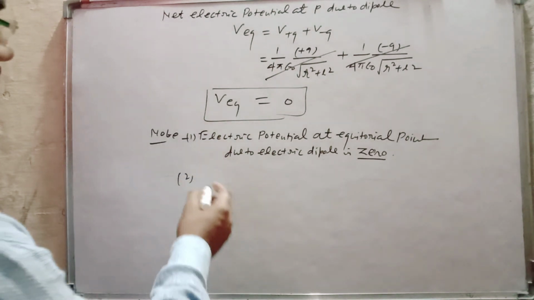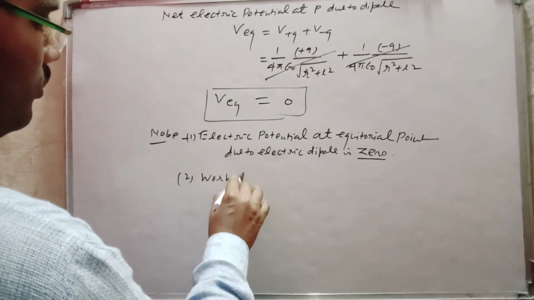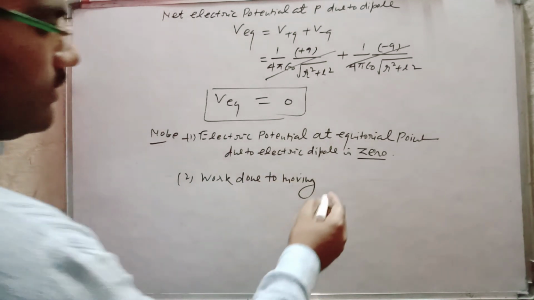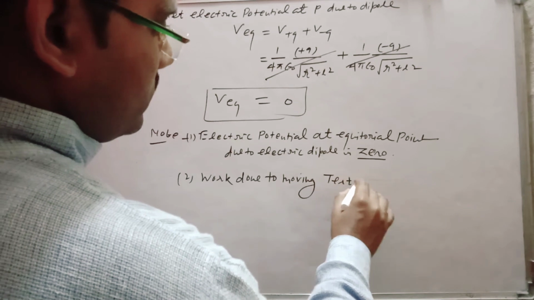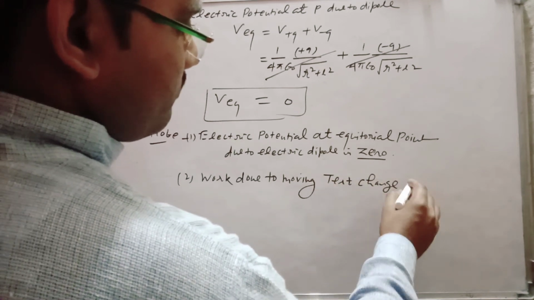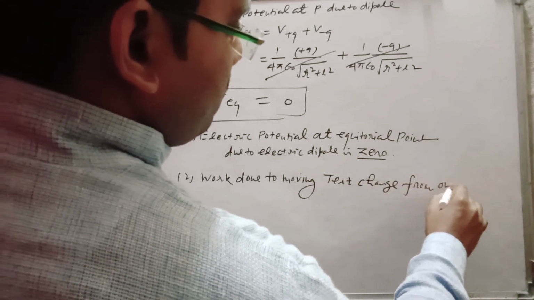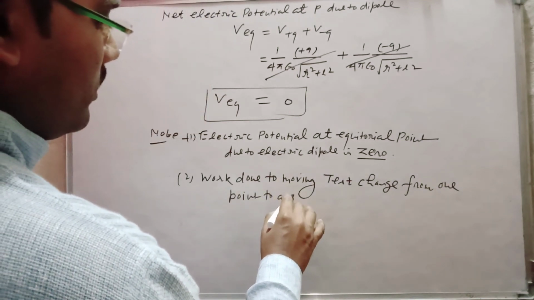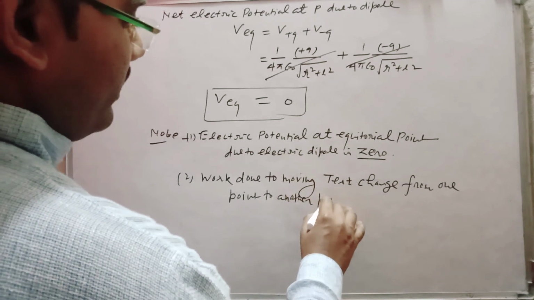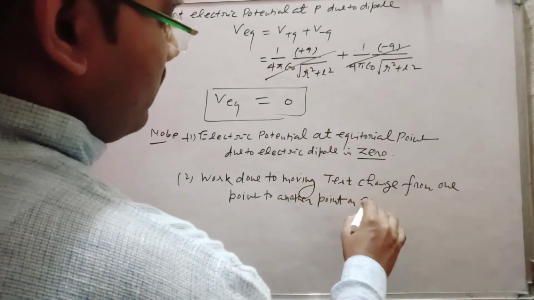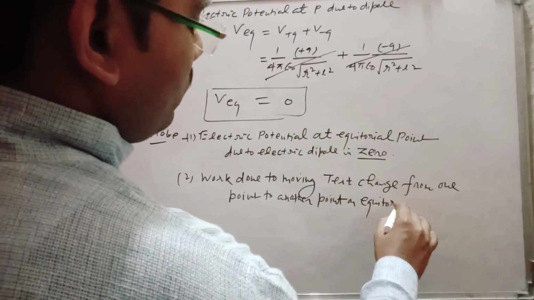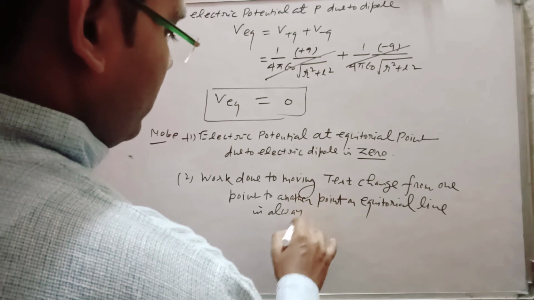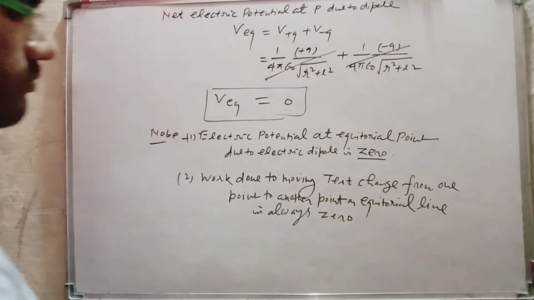Second one is the work done in moving a test charge from one point to another point on the equatorial line is always 0.